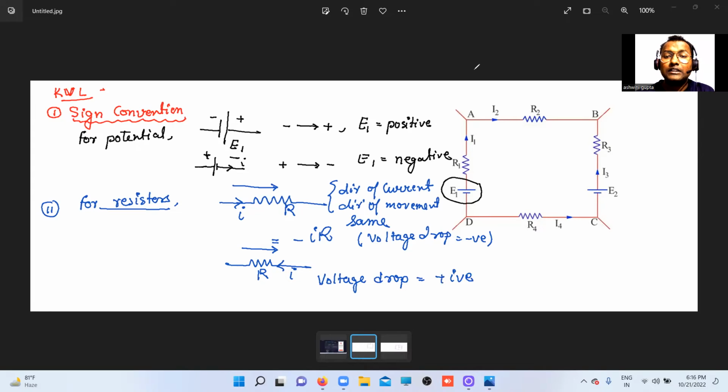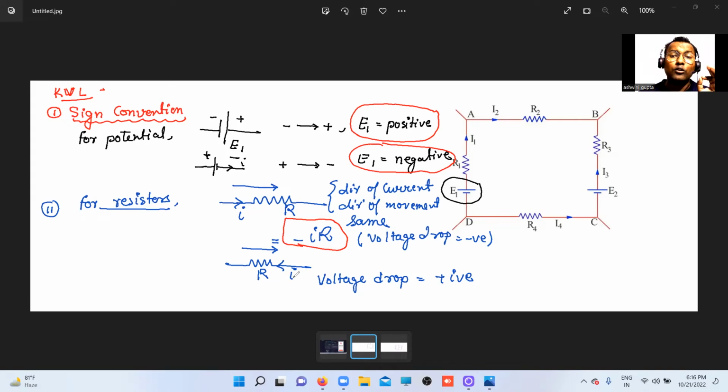Okay, so these are the few points that you should remember. The first thing: whenever we are moving from the negative terminal to the positive terminal, the voltage will be considered positive. Whenever we are moving from the plus terminal to the minus terminal, it will be considered negative. Again, if we are moving in the direction in which the current is flowing, the potential drop will be taken as negative, minus IR.